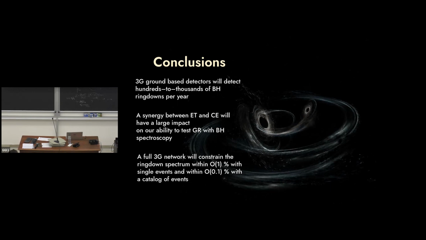If you have a theory that predicts a deviation from GR that scales as the Planck scale and suppresses GR by 10 to the -6, then okay, you have to build 5G detectors, not 3G detectors. But we don't know if GR is modified, and if it is, how. So we have to push the limits of our measurements to understand it. Thank you.